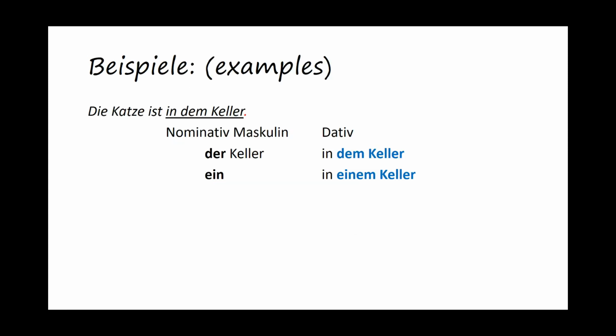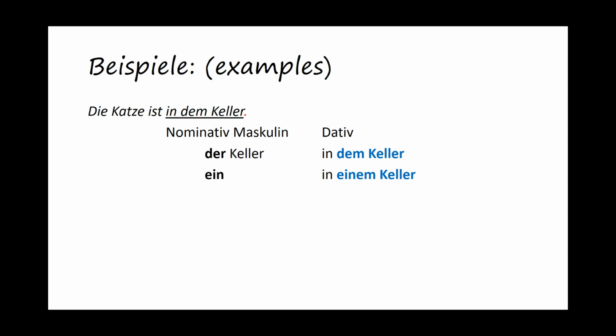Here are some examples. Die Katze ist in dem Keller. So we've seen here the preposition in, so we know that the cat is in or inside something. And we see the word dem, which we know is the dative case for starters. And it's going to be either masculine or neuter, because that's where that falls on the table we've just looked at.